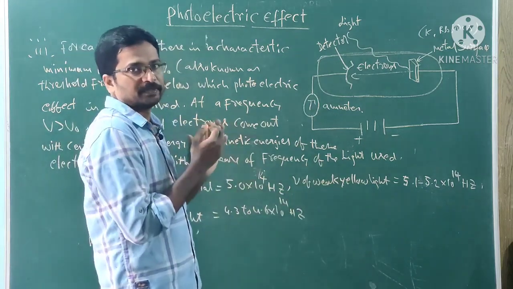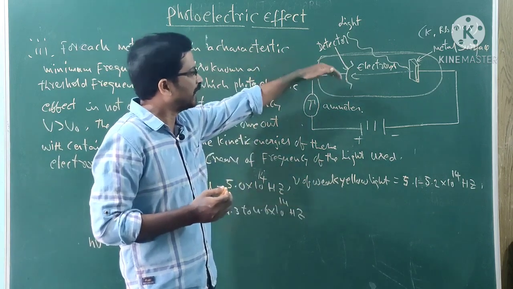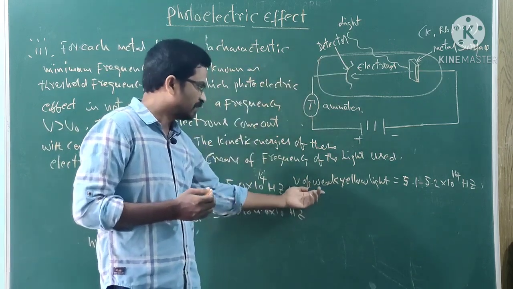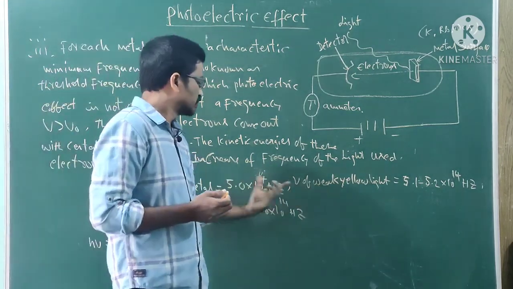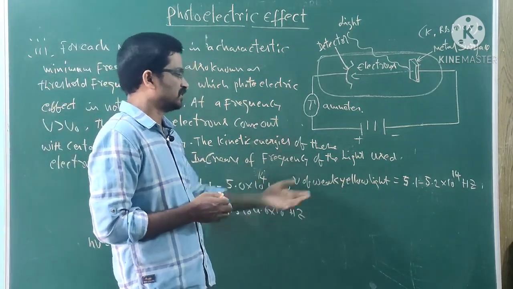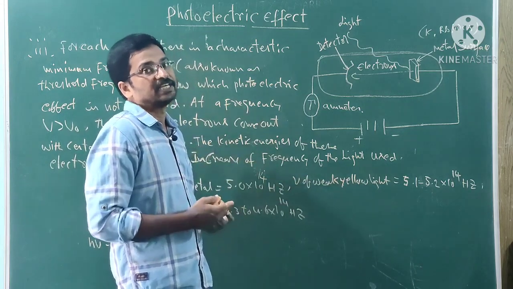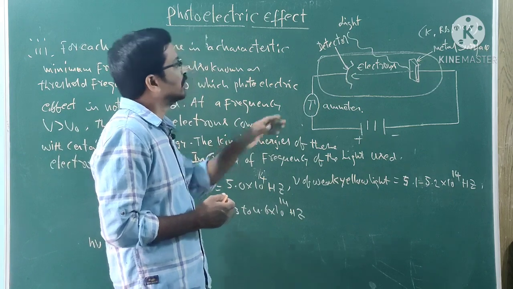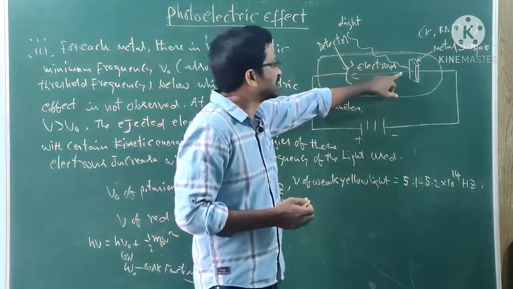So if the gap between these two, the projected light frequency and the threshold frequency, is very large, then that energy gets converted into the kinetic energy of the ejected electrons.